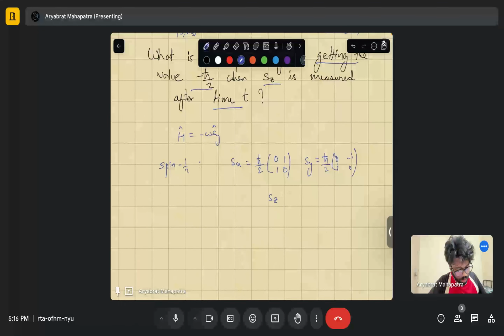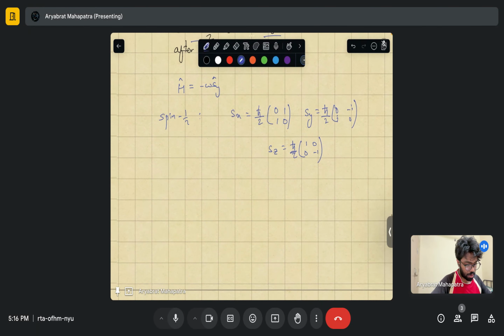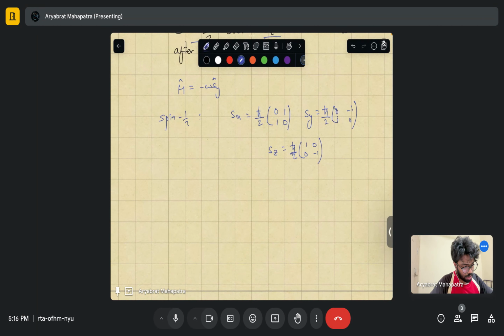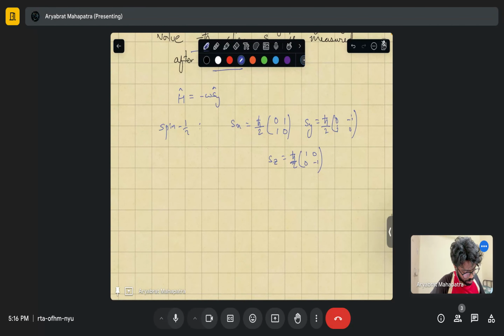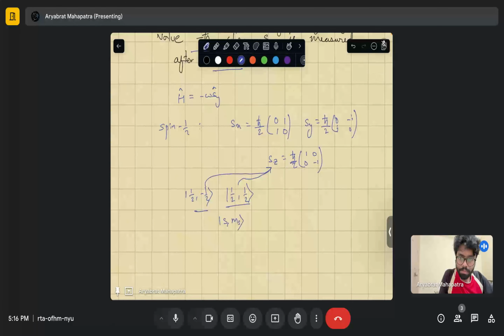Sz is given as h bar by 2 times the matrix 1 0, 0 minus 1. Now, when we write the half, minus half states, you should know that these eigenstates denote the eigenstates of the operator Sz only.